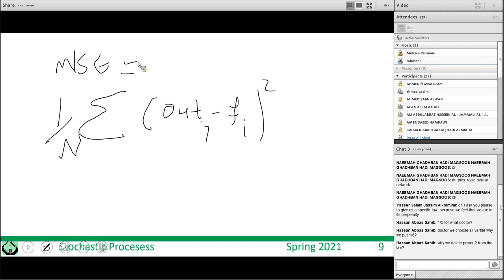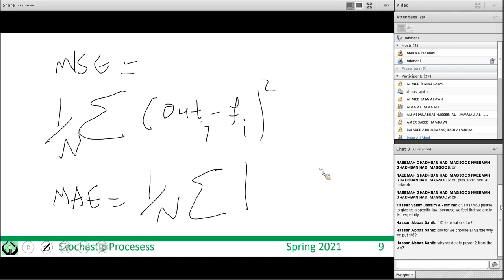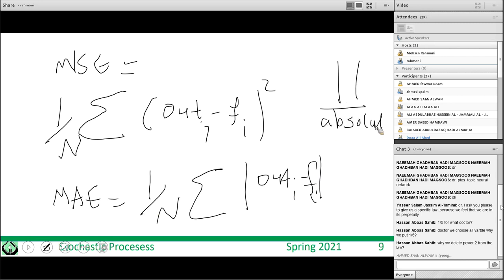This is MSE. But MAE is the average of the absolute. This is absolute. I think in Arabic it is qadr mutlaq.